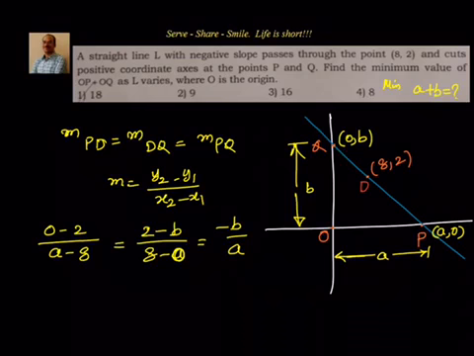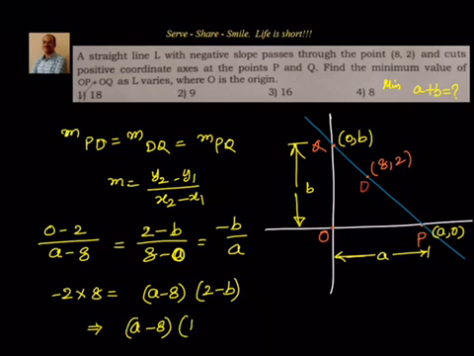When I cross multiply, I get minus 2 into 8 equals (A minus 8) into (2 minus B). Multiplying with a negative, I can write (A minus 8) into (B minus 2) equals 16.